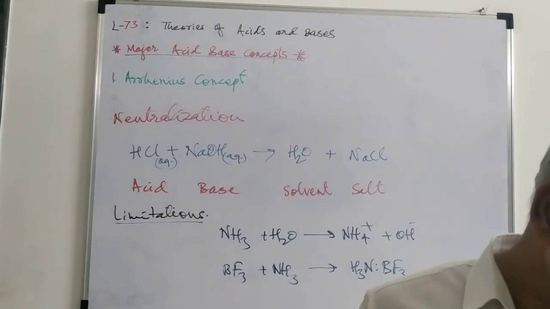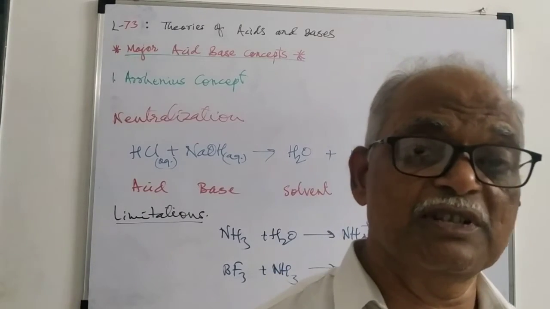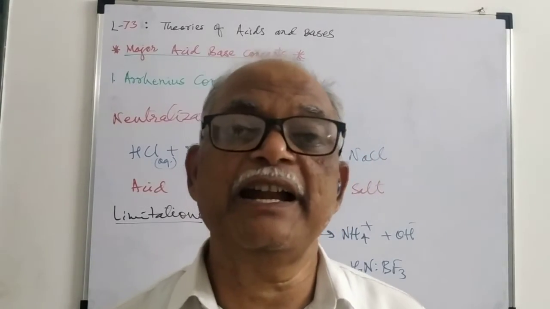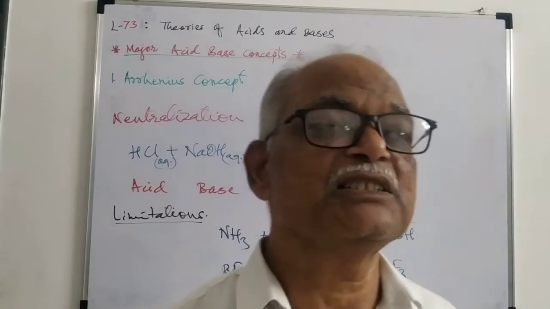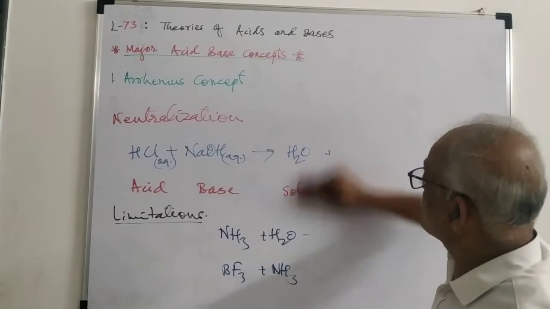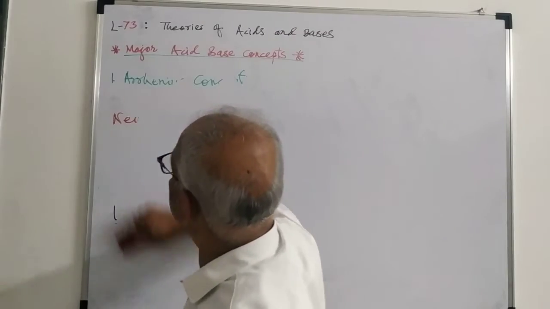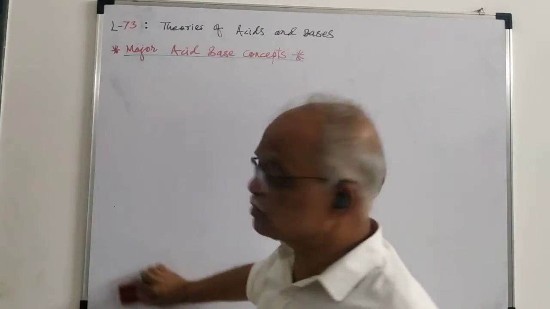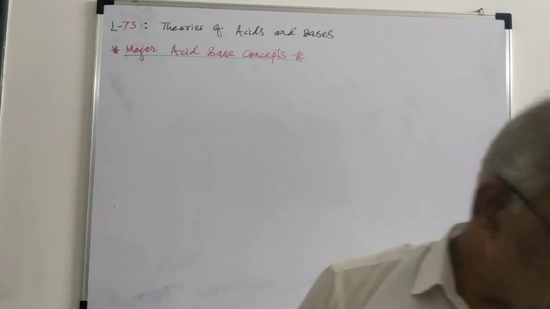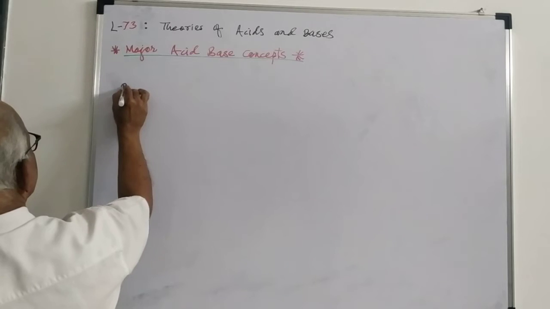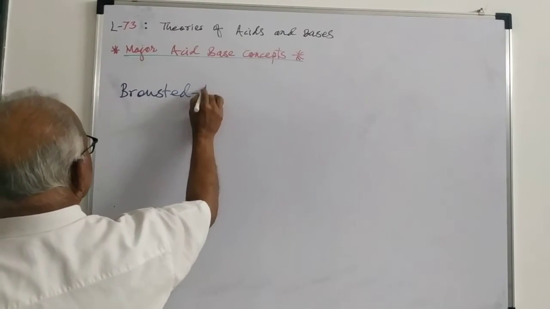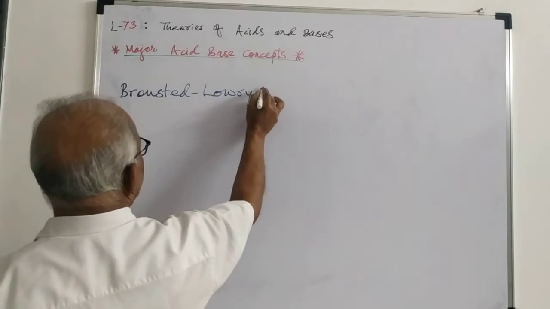So there are a number of limitations. But this theory is very easy to apply, and can conveniently be applied to simple acids and bases. To overcome these limitations, we have to use another theory, and the next theory is the Bronsted-Lowry theory or concept.